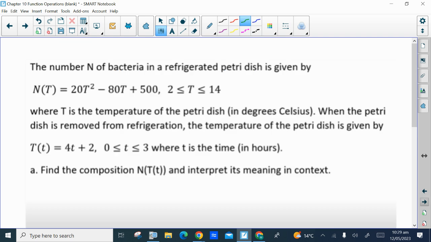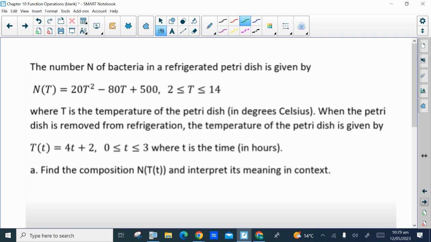All right. The next one says the number N of bacteria in a refrigerated petri dish is given by this function. N at T equals 20T squared minus 80T plus 500, where T is between 2 and 14. T is the temperature of the petri dish in degrees Celsius. When the petri dish is removed from refrigeration, the temperature of the petri dish is given by that second formula.